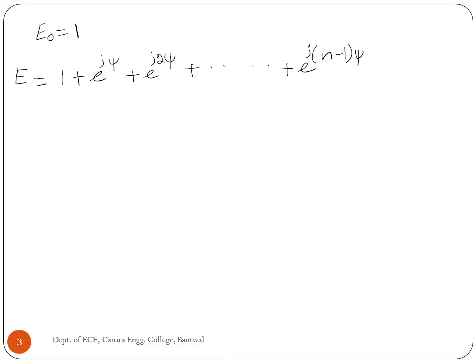If amplitude is taken as unity, then E naught equals 1. Therefore, total field intensity E is equal to 1 plus e to power j xi plus e to power j 2 xi plus e to power j n minus 1 xi, equation number 1.